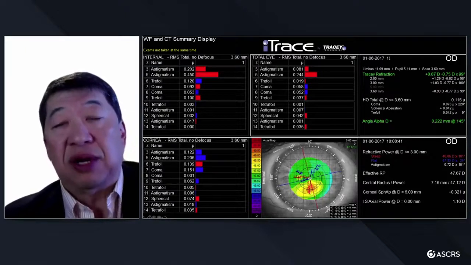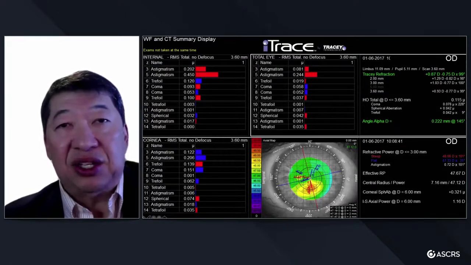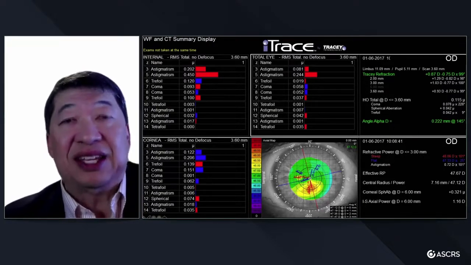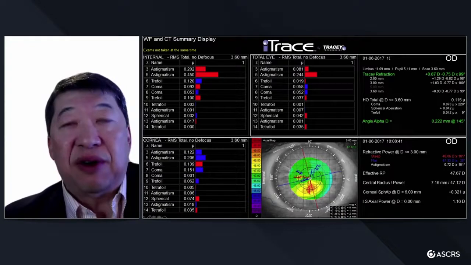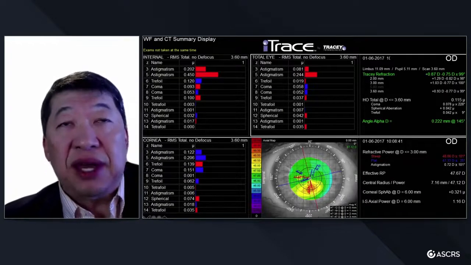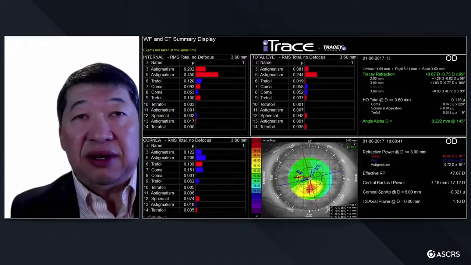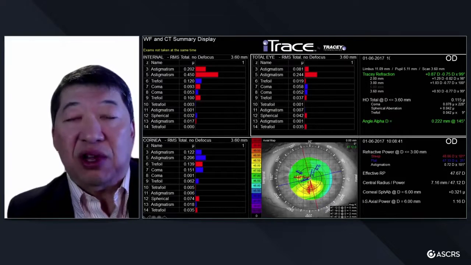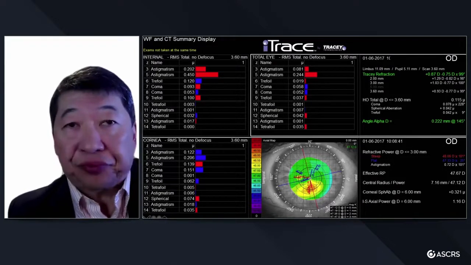But higher order aberrations are irregularities that we cannot even correct with glasses, and yet they subtract from the quality, the overall contrast sensitivity. And RMS is the unit that we measure those higher order aberrations. So that's what we're looking for. And for the first time, we can quantify it.